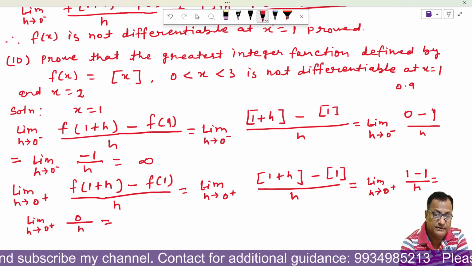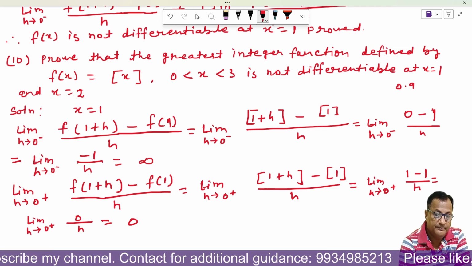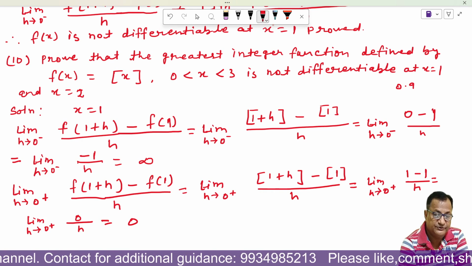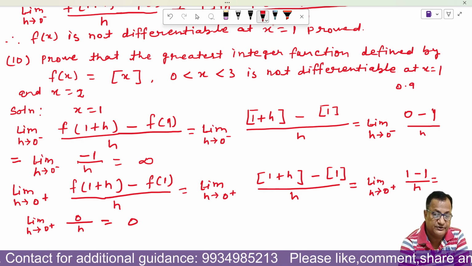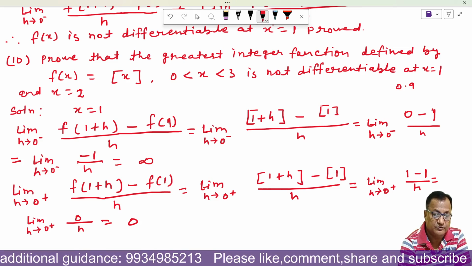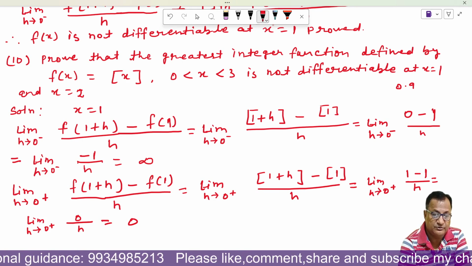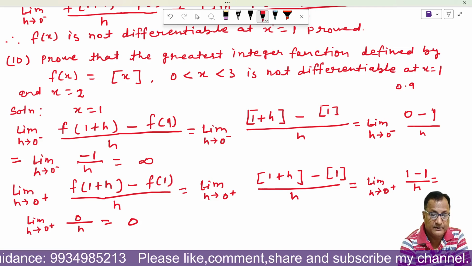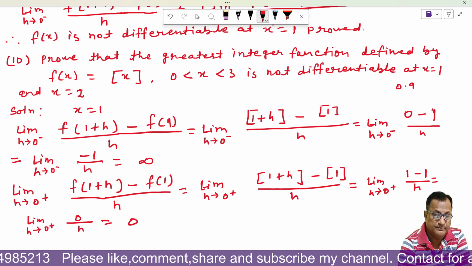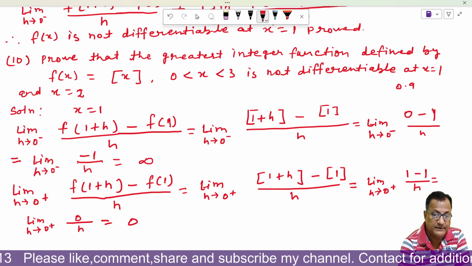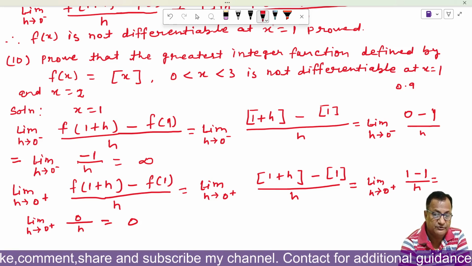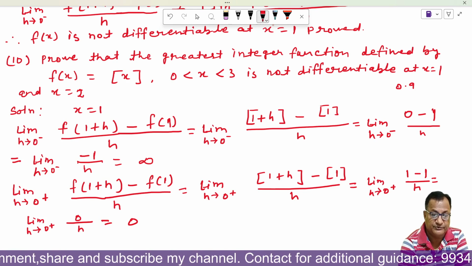So this will be 0 because h is not exactly 0, it tends to 0. So don't consider this an indeterminate form, because 0 divided by h will be 0.